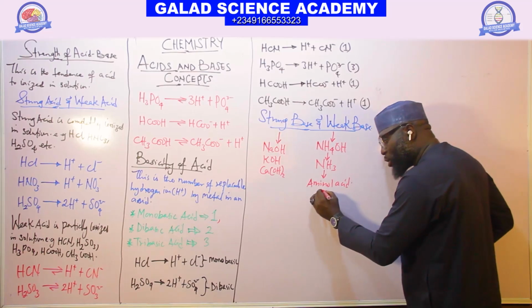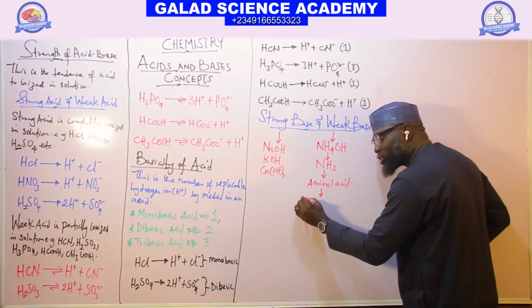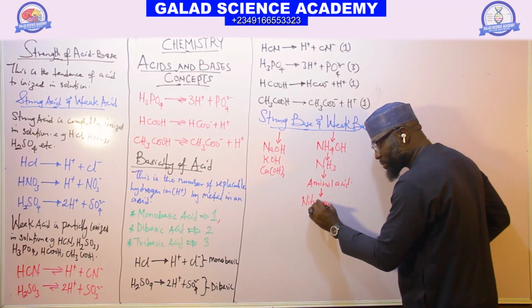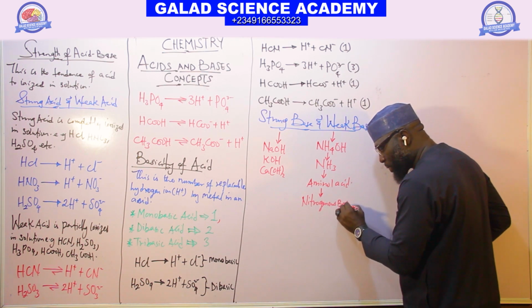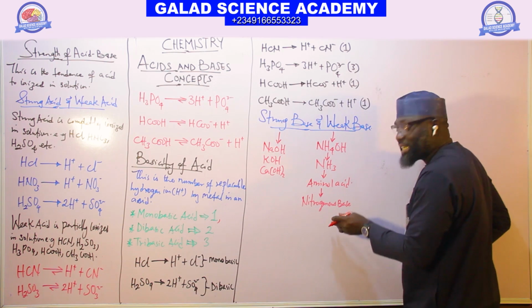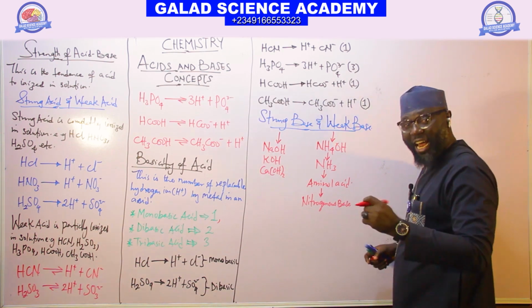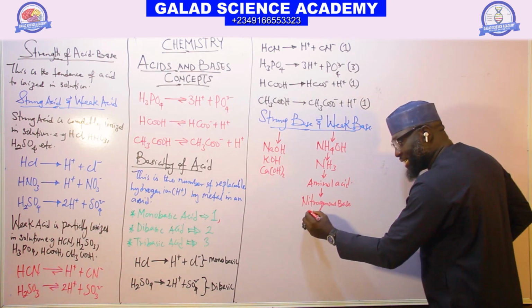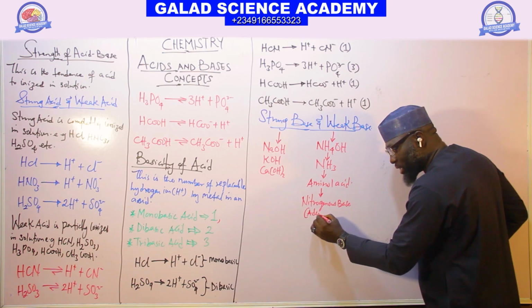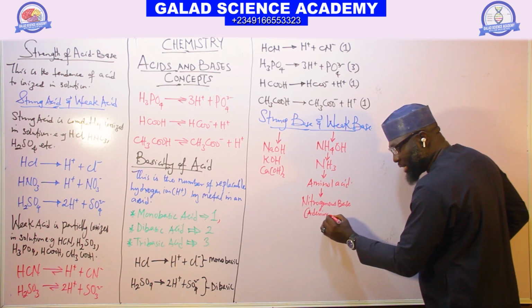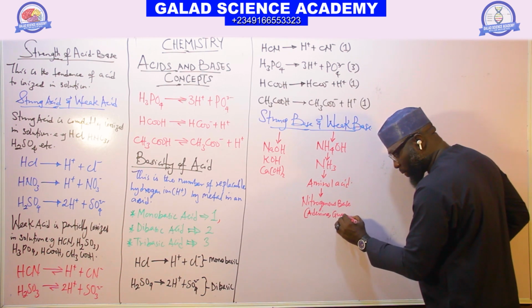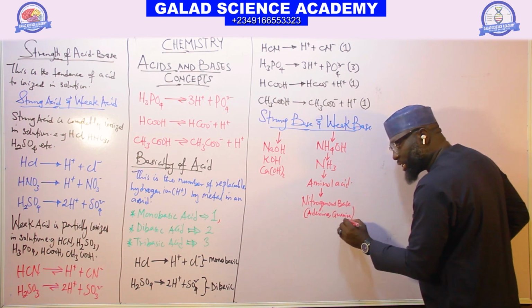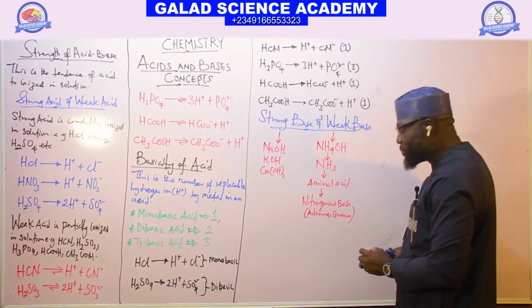Another example of a weak base is nitrogenous base, the one we have as a component of DNA. We have adenine and guanine. So all these bases are weak bases.